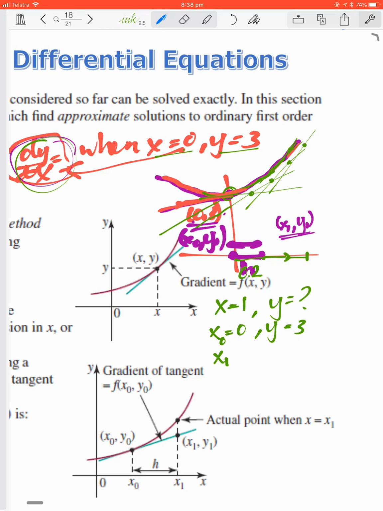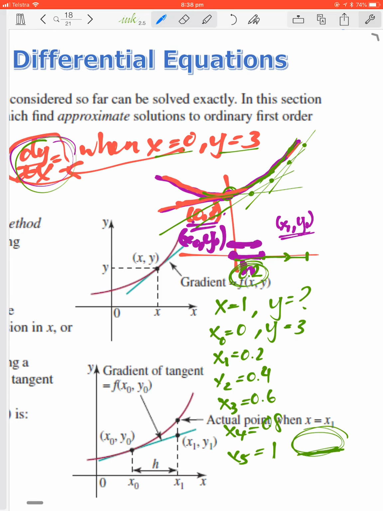We would then get x1, which is 0.2, because my h value, my difference, is 0.2. x2 would equal 0.4, x3 would equal 0.6, x4 would equal 0.8, and x5 would equal 1.